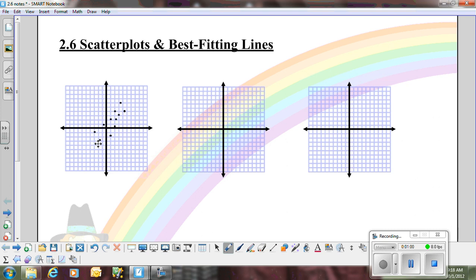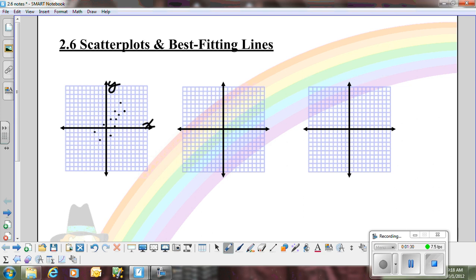What a correlation means is if I plot a bunch of points and they look like they are following, now it's not going to be exactly a line, but if they're close to following a line, then they have some kind of correlation. In other words, if I look at this graph, as x gets bigger, what appears to be happening to y? It's getting bigger, right?